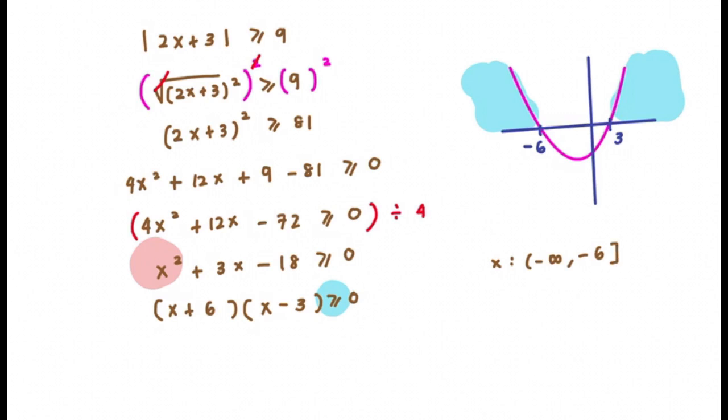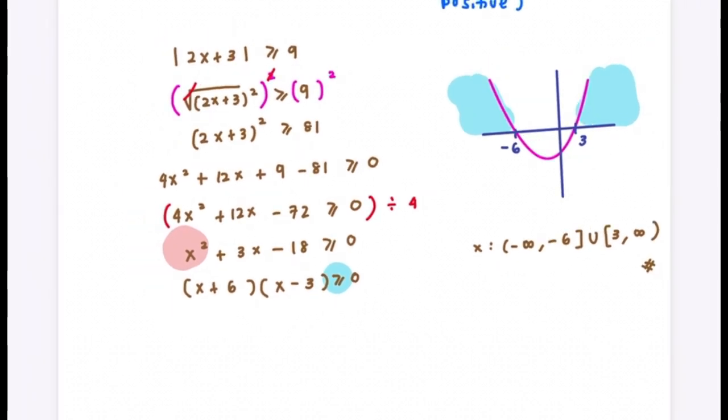Why a close bracket? Because you have the equal symbol from the question. Union with the second area, which is from 3 until infinity. So just write 3 until infinity. Infinity is always an open bracket. 3 is closed. So this is your last answer.